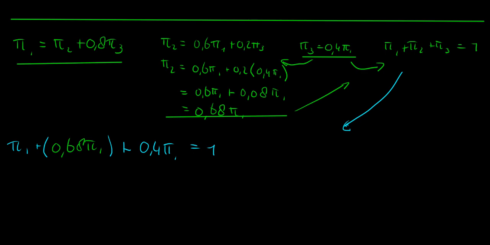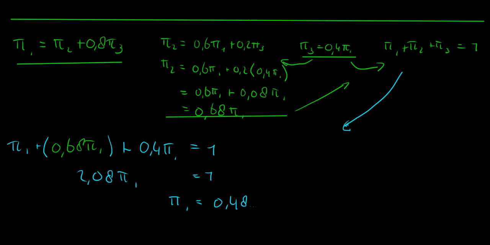Now we can add everything, so we get 2.08 pi 1 is 1, and our final answer is pi 1 is equal to 0.48.